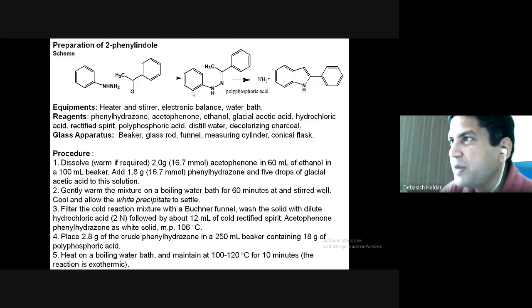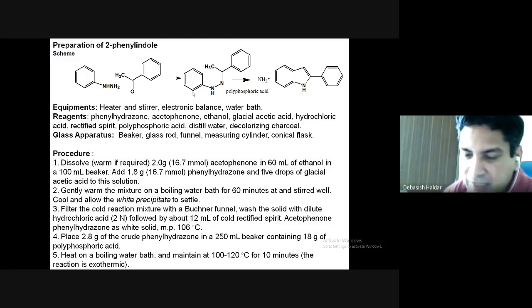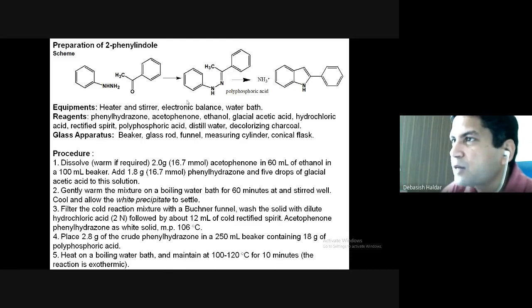So today's experiment is a multi-step synthesis, and for this kind of multi-step synthesis, you have to be very careful because you will use the product of the first synthesis as the starting material for the second synthesis. If you get less product from the first synthesis, obviously you are going to end up with a very low yield.